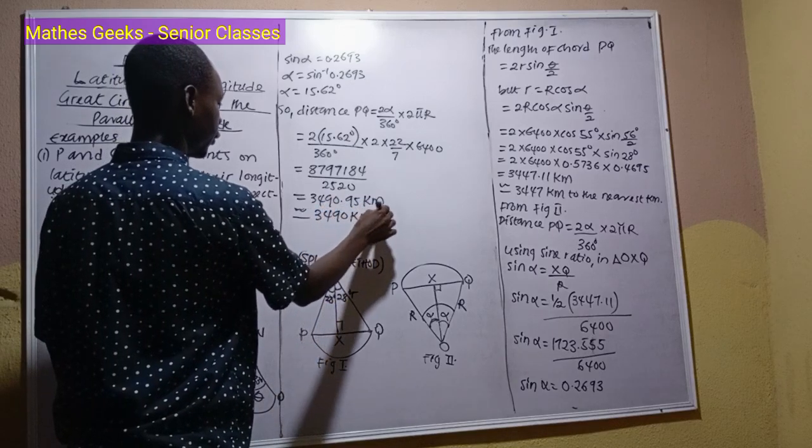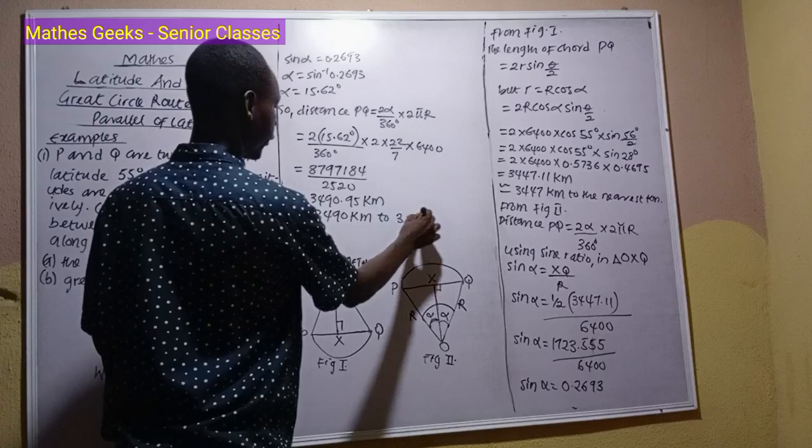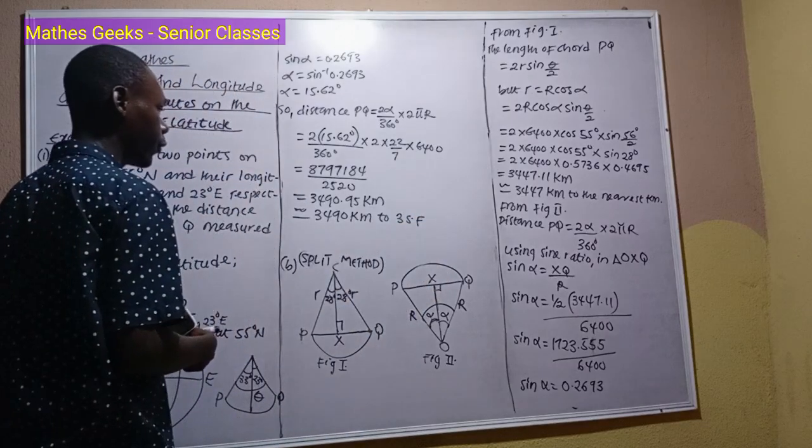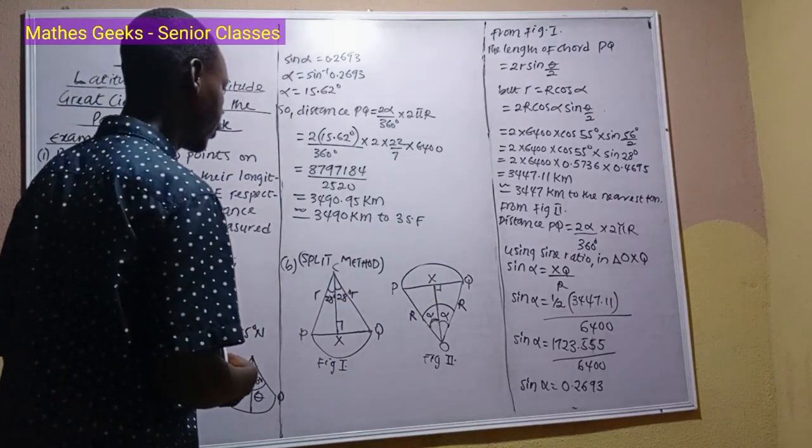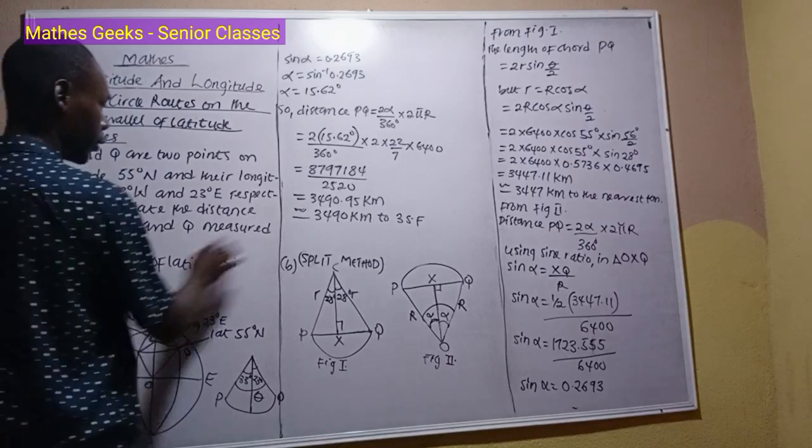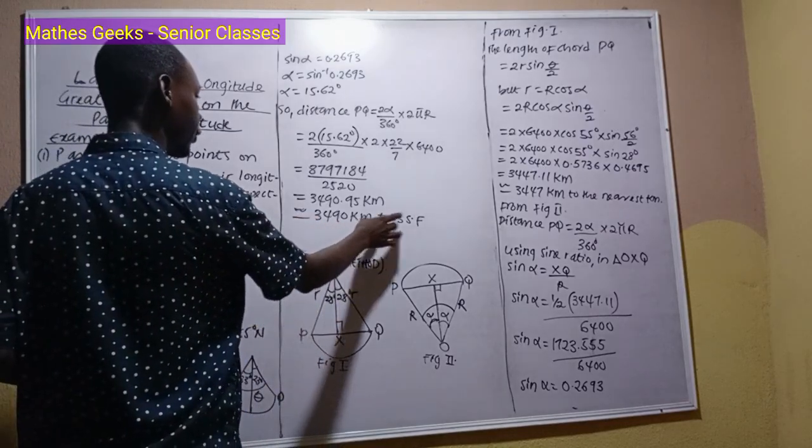That's 3,490 kilometers to two significant figures. So the great circle route is 3,490 kilometers to two significant figures.